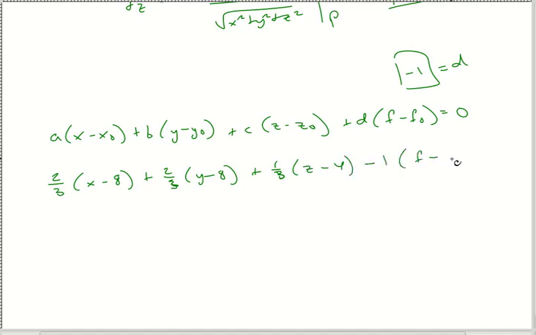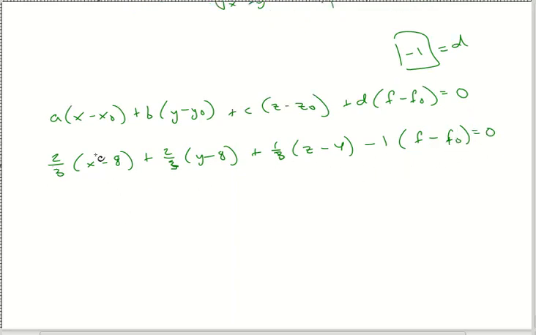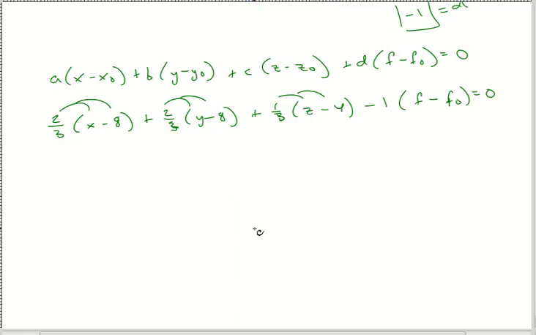F minus F naught. Now that's an interesting thing. What's F naught and all that stuff? We'll get to that. Don't worry about F naught for a minute. We have to get all this other stuff first. Go ahead and distribute so you can get a lot of numbers here. Actually, you know what? No, don't distribute. Let's hang on tight for a second.